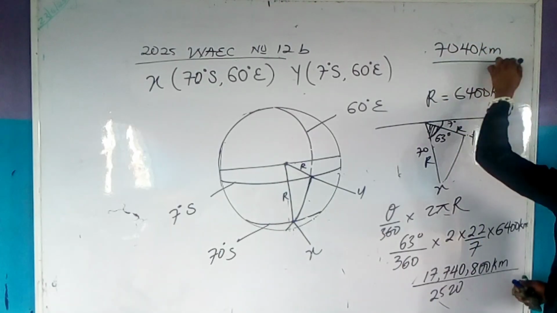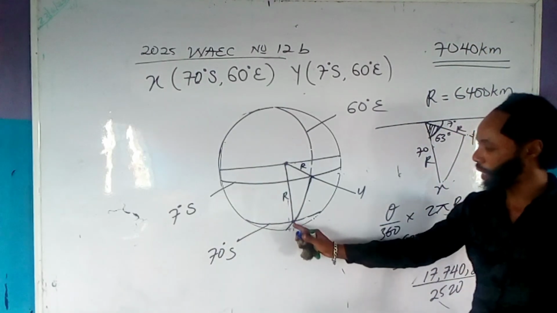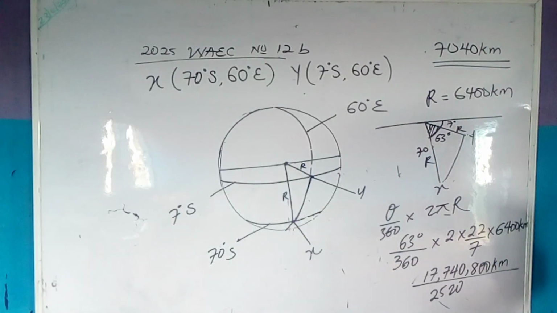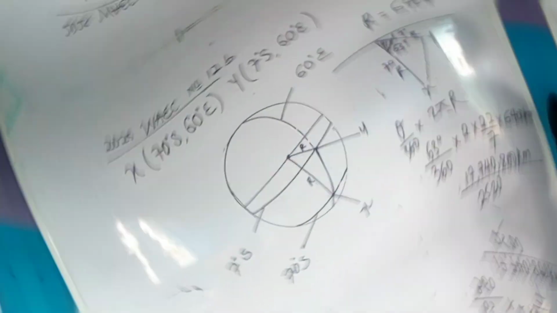So this is the distance apart from point X to Y: 7,040 kilometers. That's the distance.